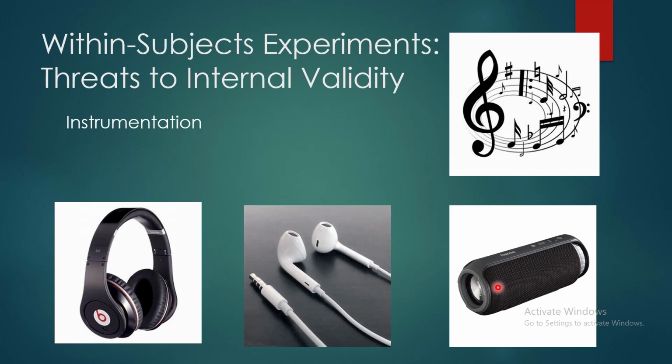So the sound might not be the same for all of them. The level of the decibels might not be the same, all sorts of different things, quality, decibels. So perhaps that instrumentation could be a threat to your internal validity. If everybody in your control group was using good headphones and everybody in your experimental group was using earbuds, that could make a difference in your dependent variable.